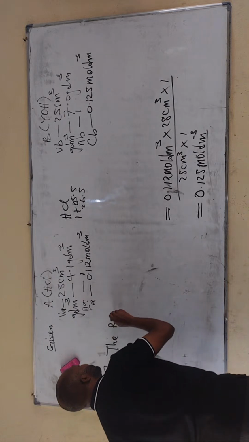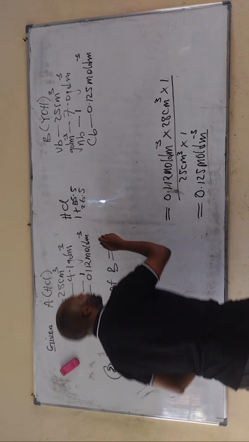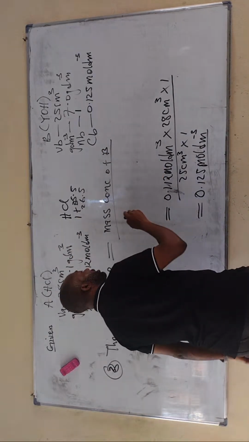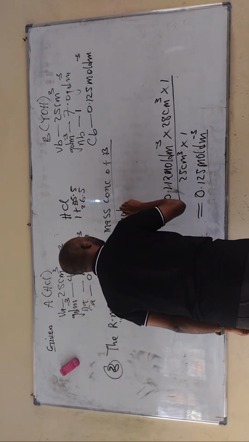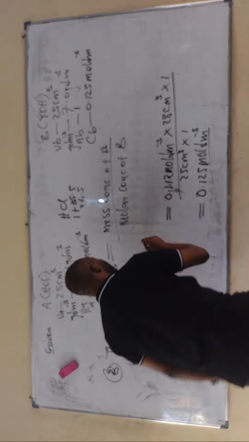The relative molecular mass of B is equal to mass conc of B over molar conc of B.